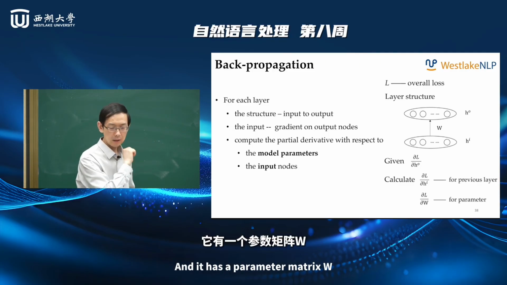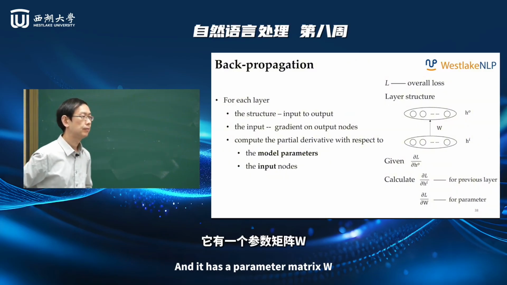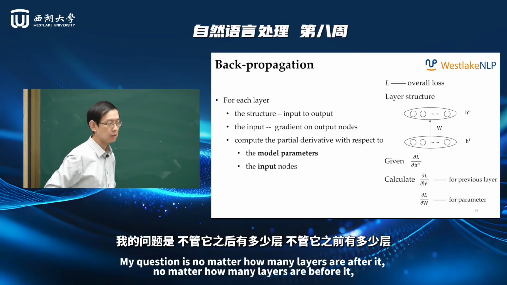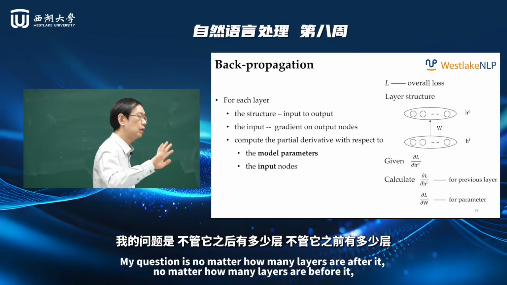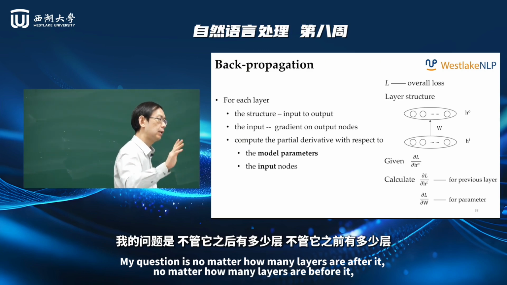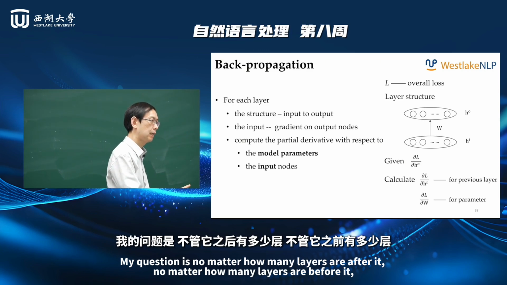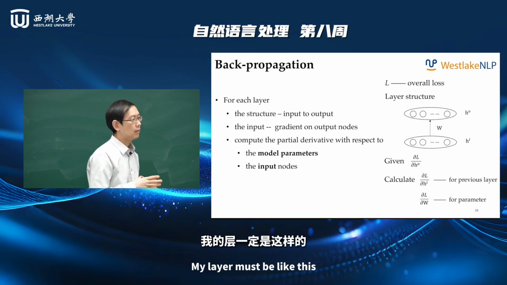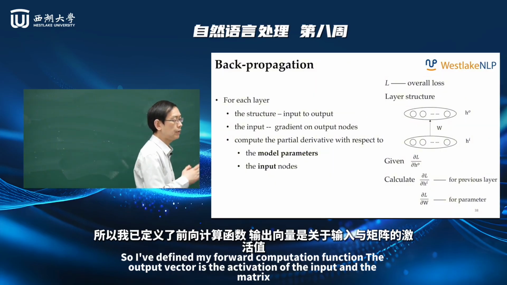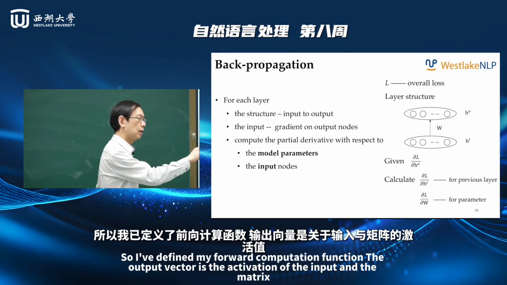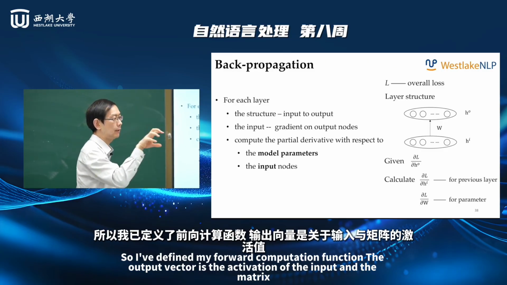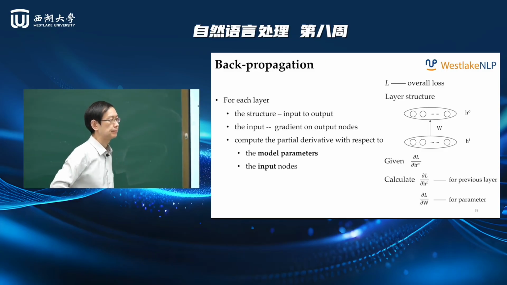And it has a parameter matrix W. No matter how many layers are after it, no matter how many layers are before it, my layer must be like this. So I've defined my forward computation function, which is: output vector is an activation of the input and the matrix.